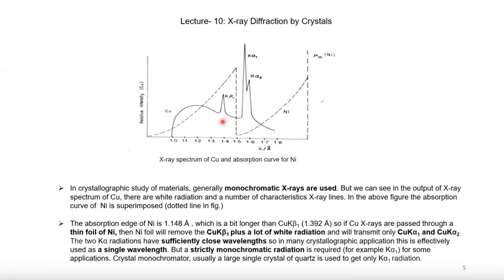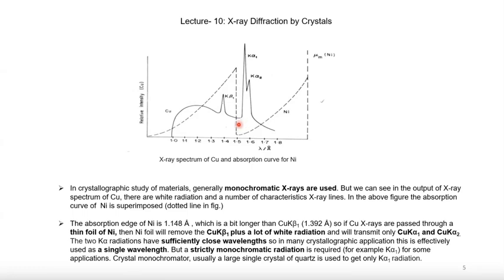So for that, we have to use some materials which will absorb, let's say, K beta and some of the background or white radiation. We see here a dotted line. This is the mass absorption curve of nickel.